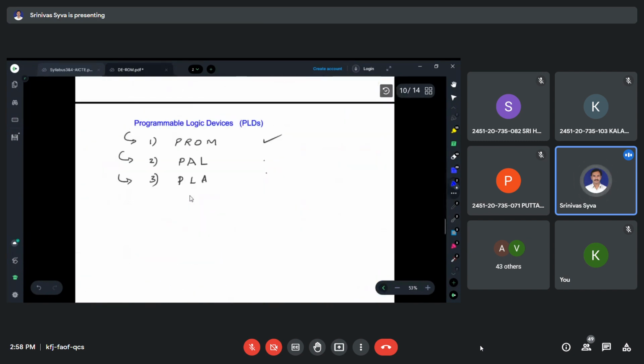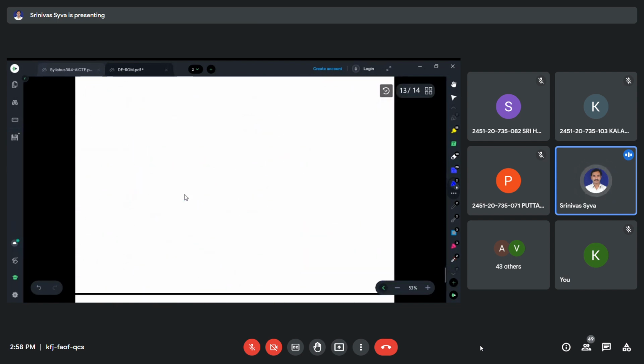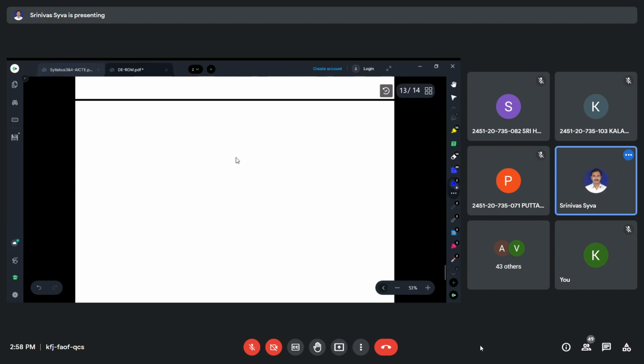Here in the programmable array logic, it's not like that. So I will show you one programmable logic array example.